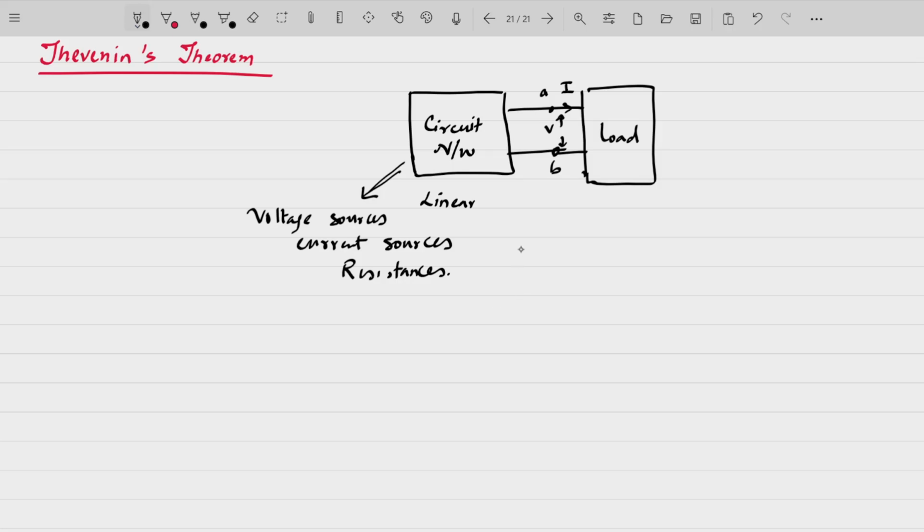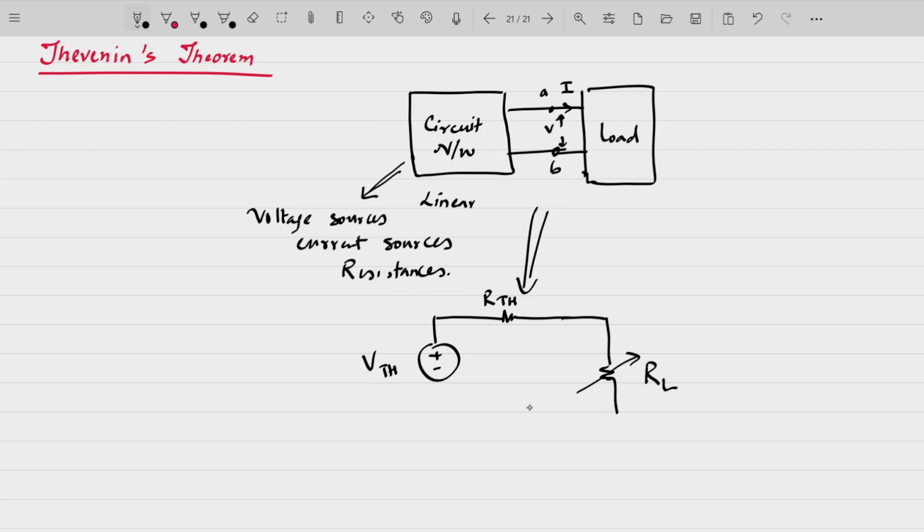Thevenin's theorem states that we can replace this entire circuit network by a single voltage source in series with a resistance. And then this is your load. This is your variable load that you're actually focusing on.